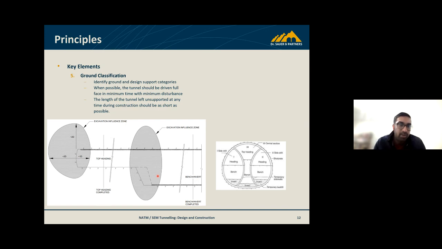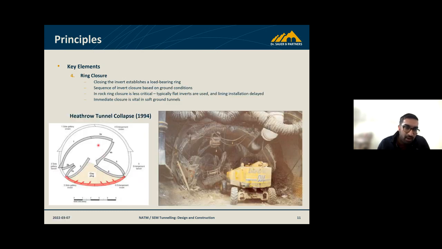The ring closure element is essentially creating that entire ring that you would get. So these larger tunnels, whereby you're excavating smaller sections of it, the ring closure is the entire ring that you get, whereby you finish off and connect up the last portions of the tunnel.